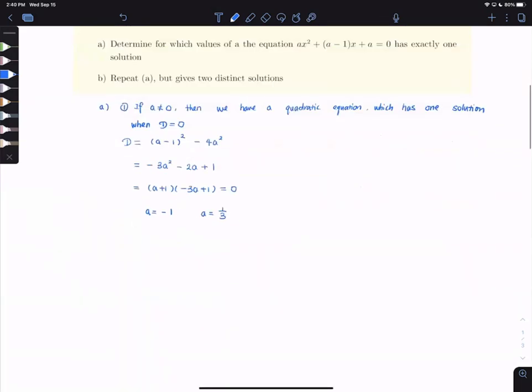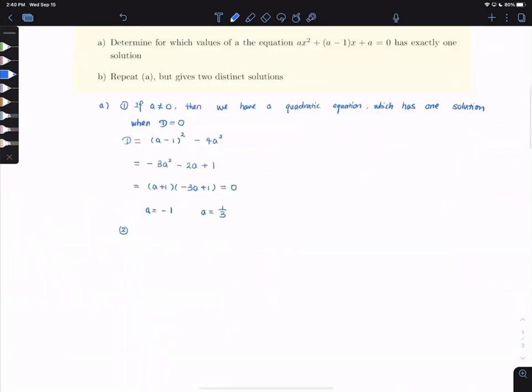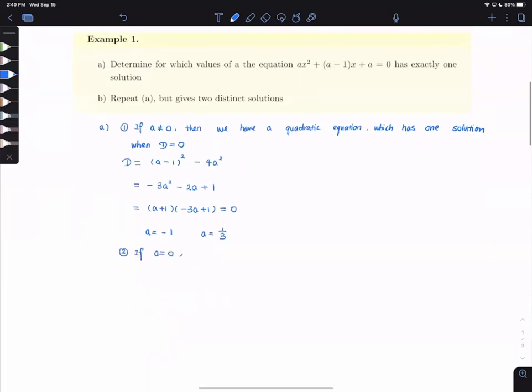So that's my first case. My second case is if A equals 0, then what do you get? Then we have minus x equals 0, which will give you x equals 0.